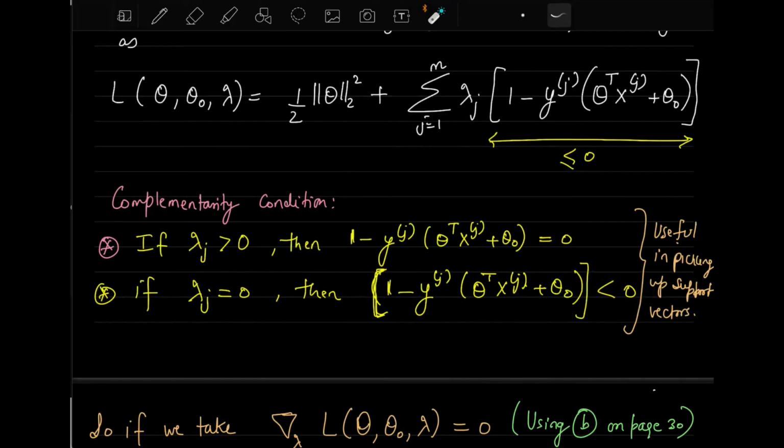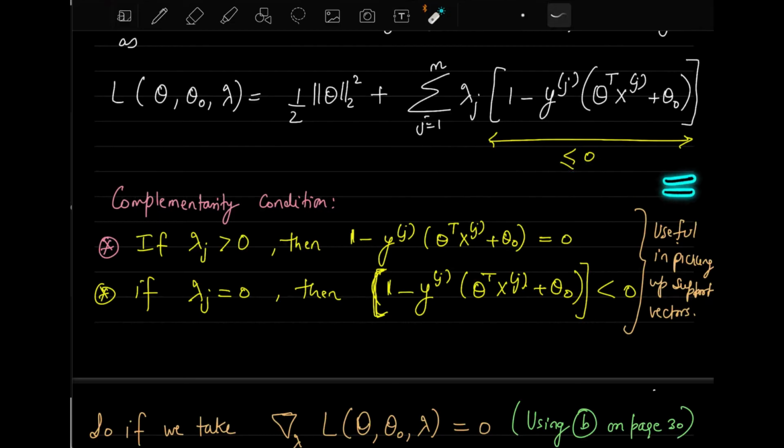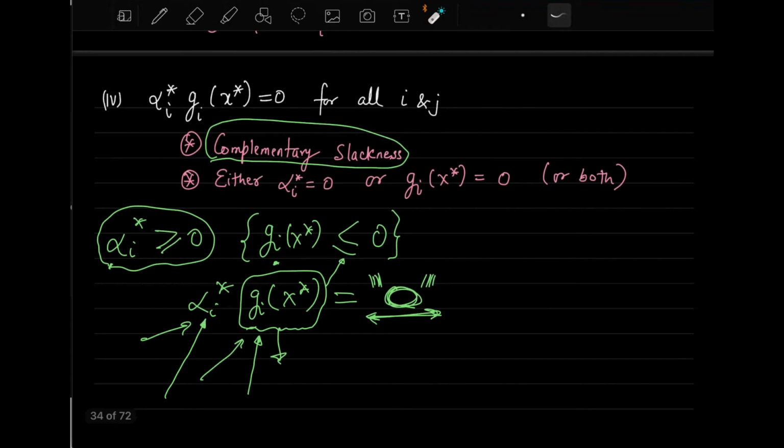So why is it possible? Because your lambda times this 1 minus yj theta transpose xj, everything is equal to 0 from the complementary condition. It has to be equal to 0.